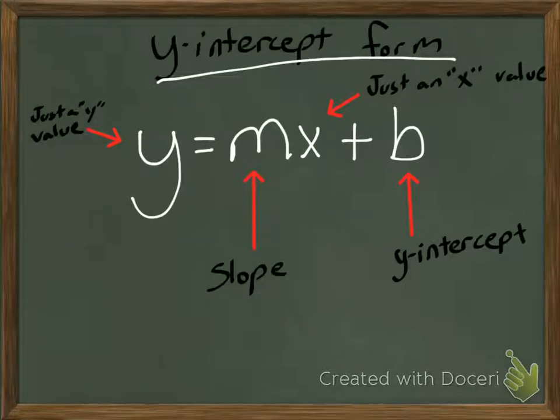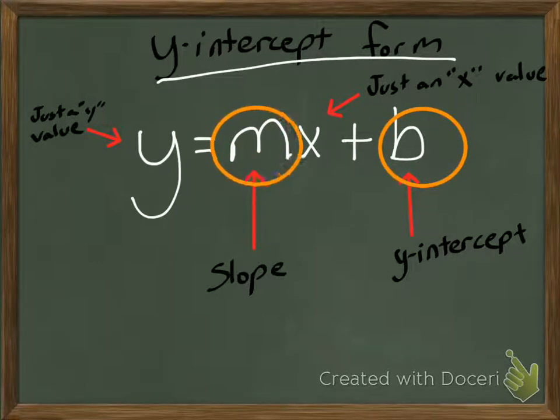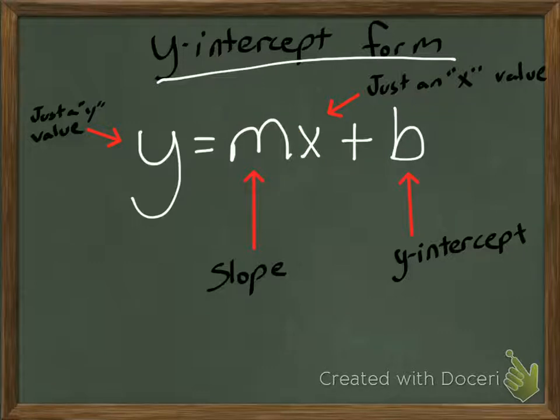Now, here's y-intercept form. This is an equation preset for you so you know what it is. Y-intercept form. The reason why it's called y-intercept form is because this is my y-intercept and this is my slope. Another name for this is called slope-intercept form.